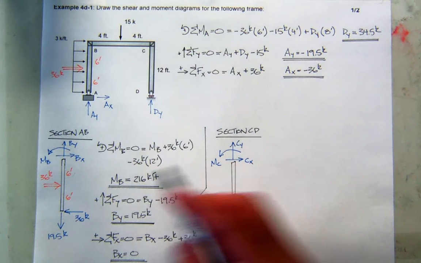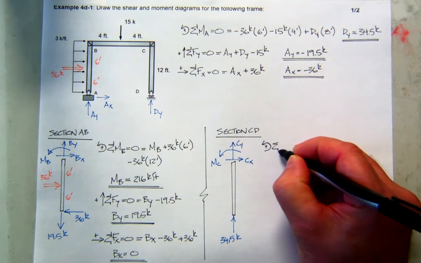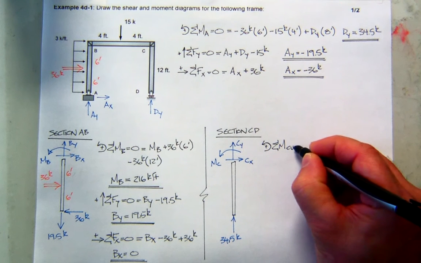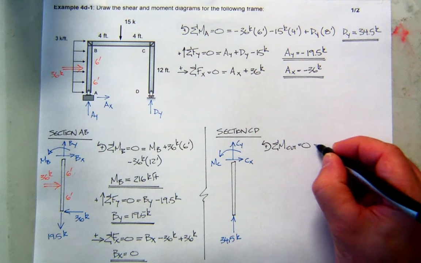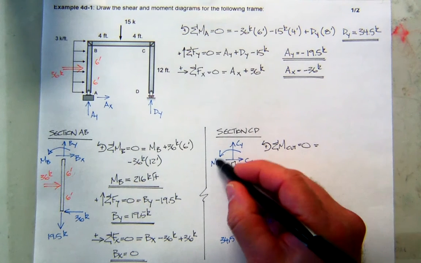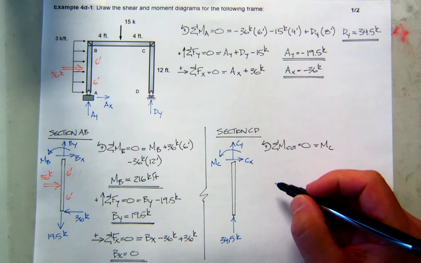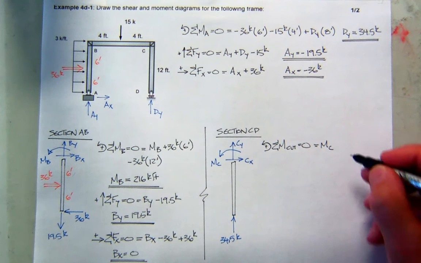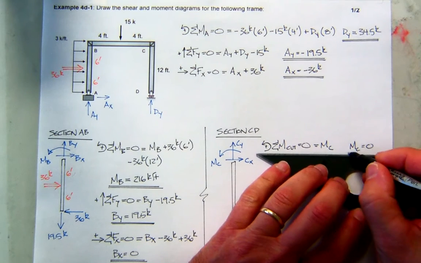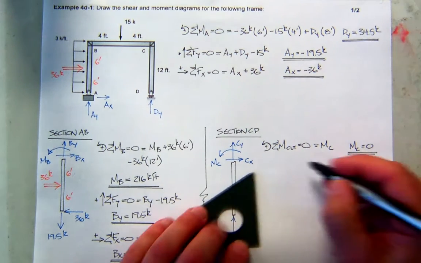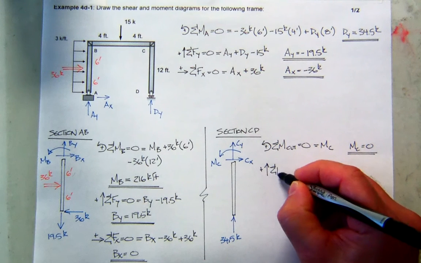So just like we did in AB, it's probably a good place to start is to sum moments at the cut where you took it apart, which is point C. So the moment I assumed here, MC, with my sign convention is positive, and nothing else creates moment. So MC is 0. There's no moment at C. Now we can check the Y values.